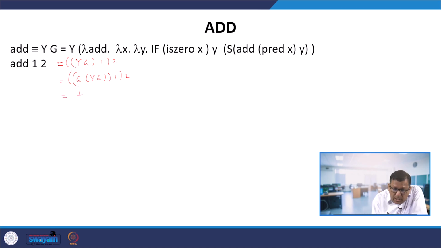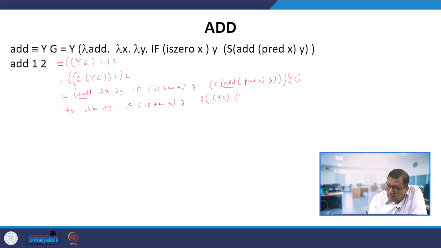So we write lambda add, lambda x, lambda y. If is 0 x then y, otherwise we are going to take s of add of predecessor of x and y. Now we are going to do only Yg first. So beta reduction: add will be replaced by Yg. So we are left with lambda x dot lambda y, if is 0 x, y, s of Yg, this will be pred of x and y.